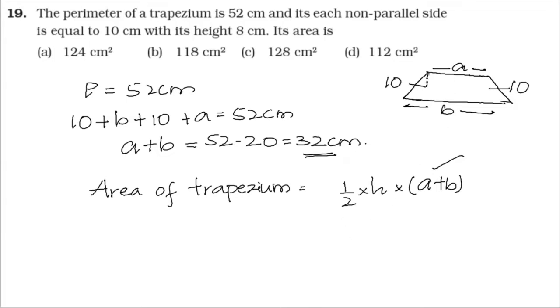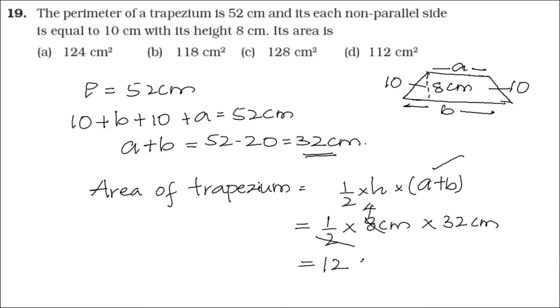The height mentioned in the question is 8 centimeters, so we can substitute directly: half multiplied by 8 centimeters multiplied by the sum of the parallel sides, 32 centimeters. So 4 times 32 is 128. So 128 centimeter square is the area of the trapezium.